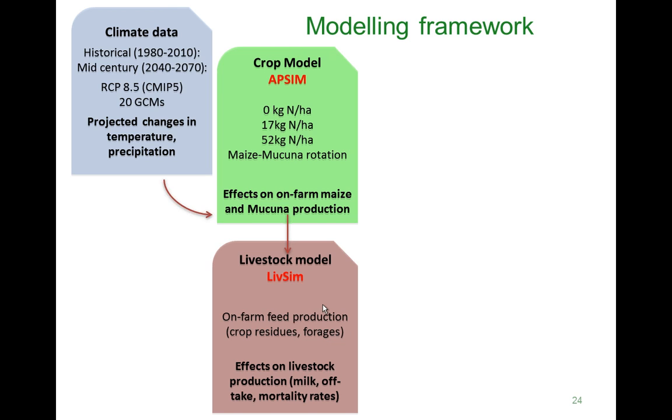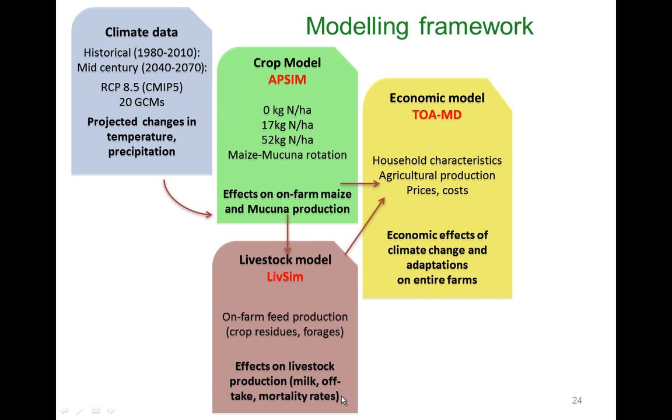So so far we didn't include simulations of rangeland production and look at the effects of those on livestock performance. So as it is mentioned here, we looked only at on-farm feed production through crop residues and forages, and looked at the effects on livestock production in terms of milk, offtake rates, and mortality rates.